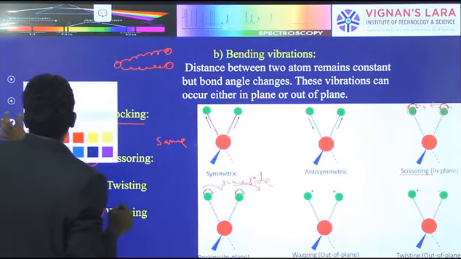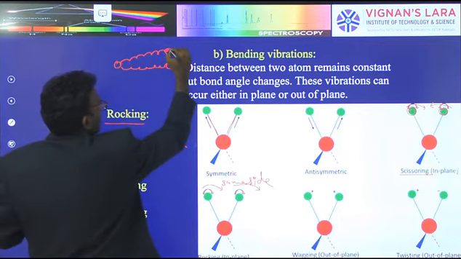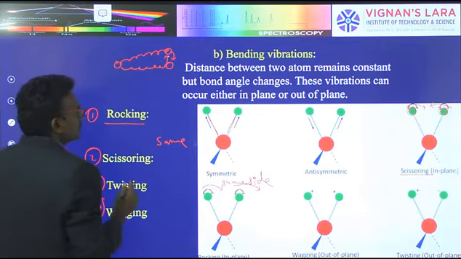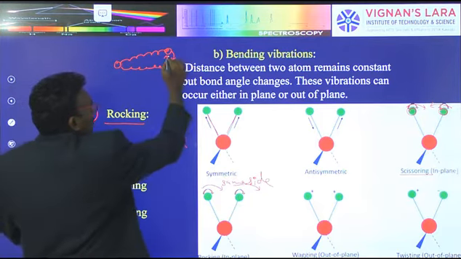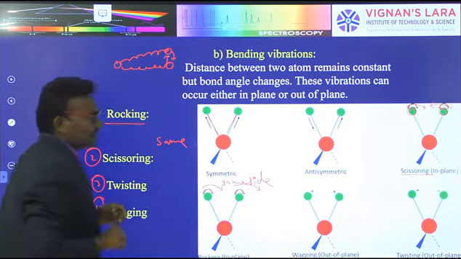Scissoring means this atom bends toward the other atom, and that atom also bends toward this one. Both come toward each other and then are repelled. That is like a scissor process, so that's why it is called scissoring bending.